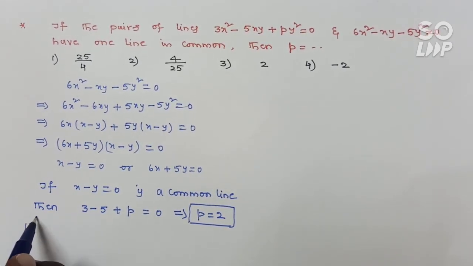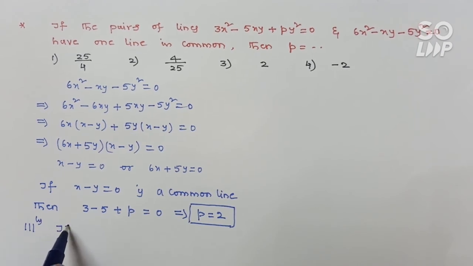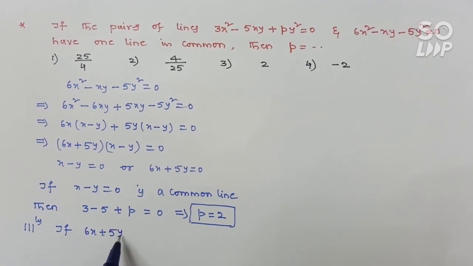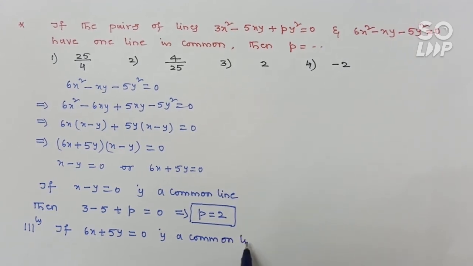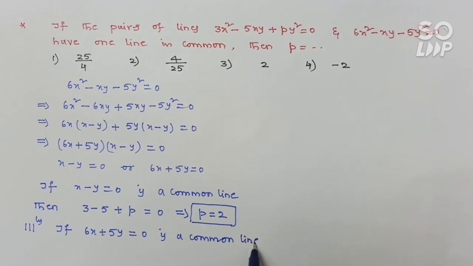Similarly, if 6x plus 5y is equal to 0 is a common line. You know what a common line is? A line is nothing but one of the factors.